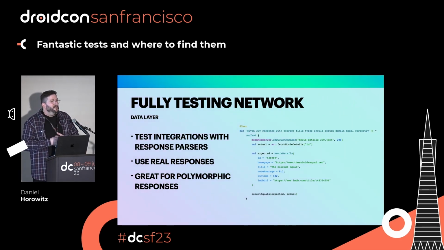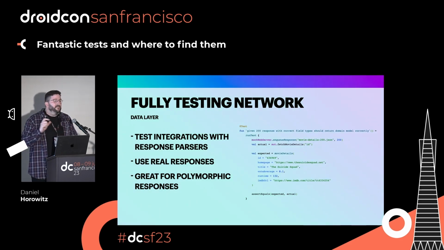You are using real responses. You are using the HTTP code. And this is great for polymorphic responses. If you're doing server-driven UI, for example, and you want to do different behaviors for different versions of the API, or if there is an unknown field, how do you react to that? You can test those cases using this approach. So this is super handy.